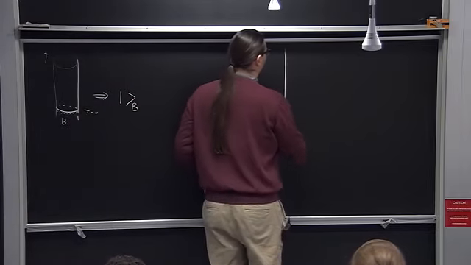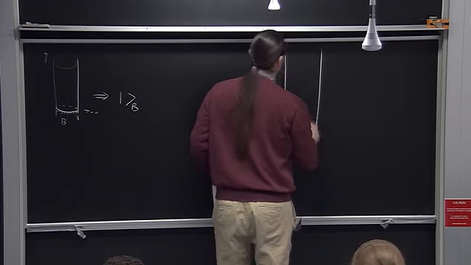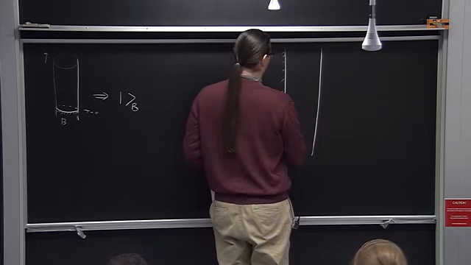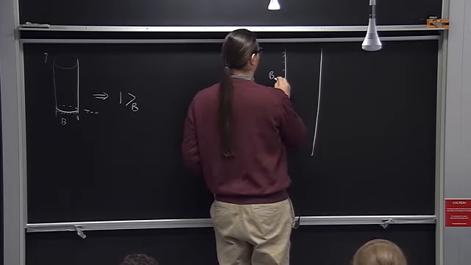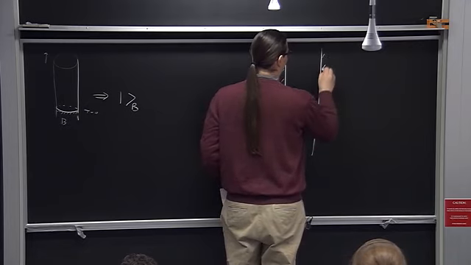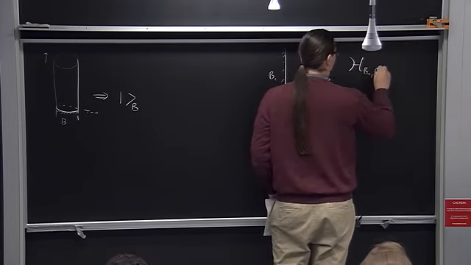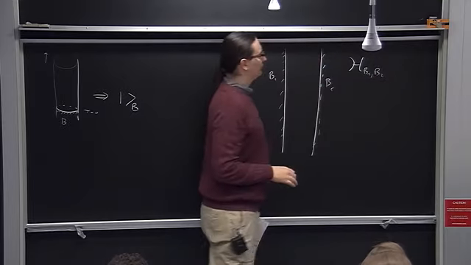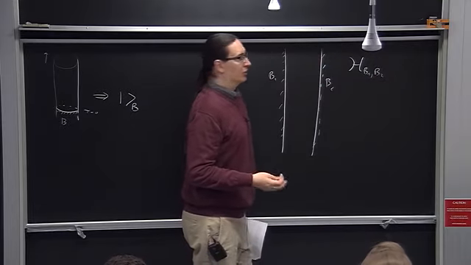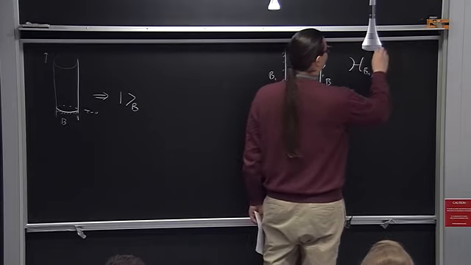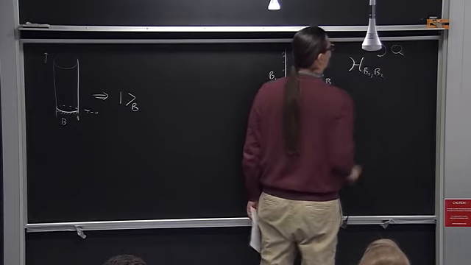And the other calculation you can do is to compute this Hilbert space on the segment. Look at the way the BRST charge acts on it.